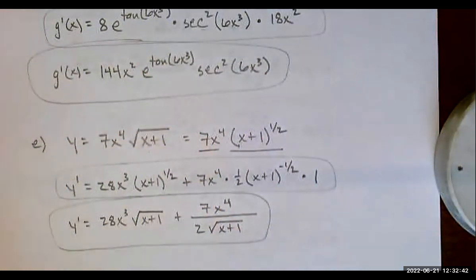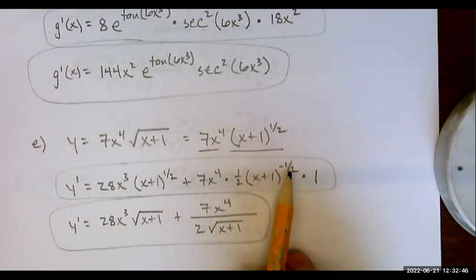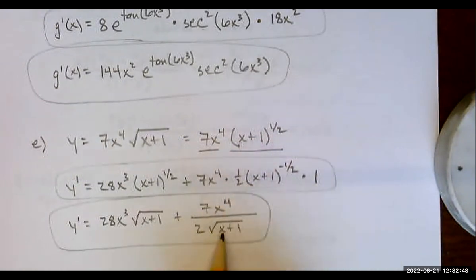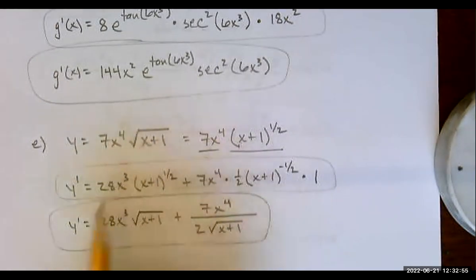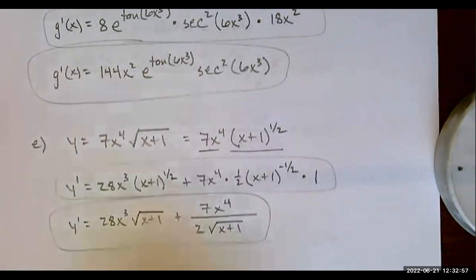There we go. There's our simplified version, no more negative exponent in it. And I decided to switch it back to square roots because the original question had it in that format instead of the 1/2 power. So I'll switch it back.